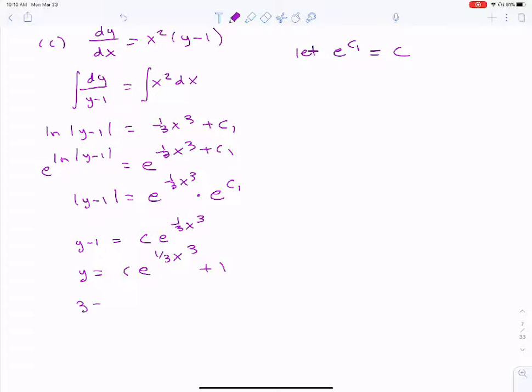So this is 3 equals C e to the 1/3 times 0 cubed, which is going to be 0, plus 1. So I get 2 equals C times e to the 0, which is 1, so 2 equals C. So my final equation is going to be y equals 2e to the 1/3 x cubed plus 1.